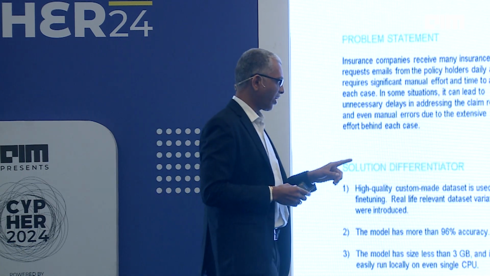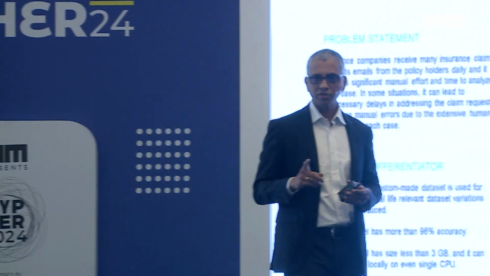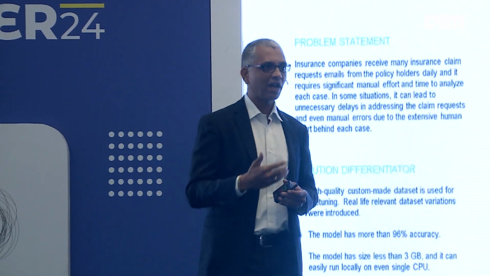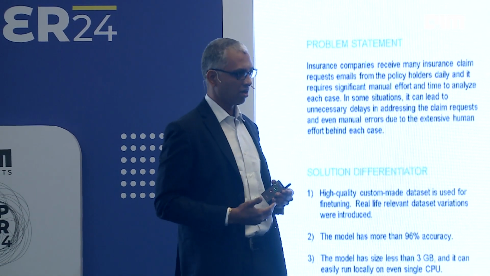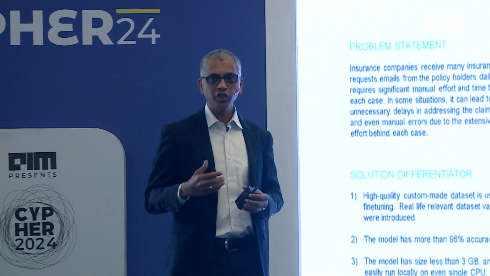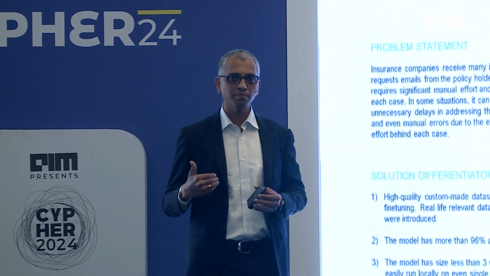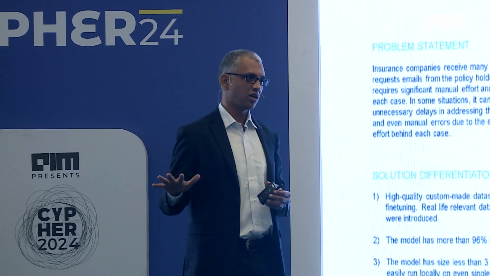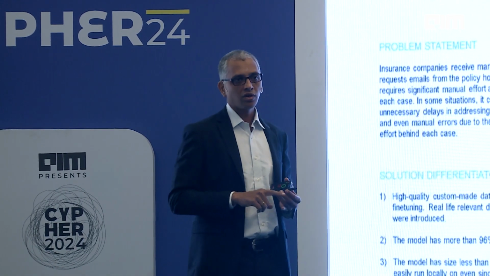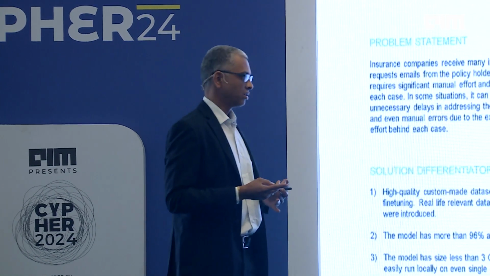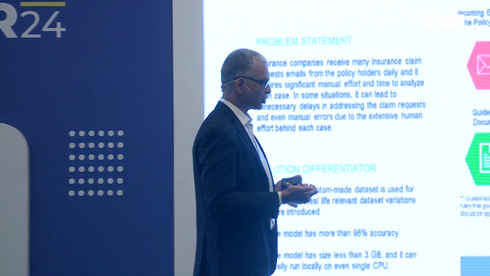Then we fine-tuned the model with 7,000 samples, synthetically generated. We used language models again to generate the synthetic samples. To ensure we have a wide variety of patterns covered in the data set, we used all major language models: GPT-4o, Anthropic Claude, Gemini, Mistral.